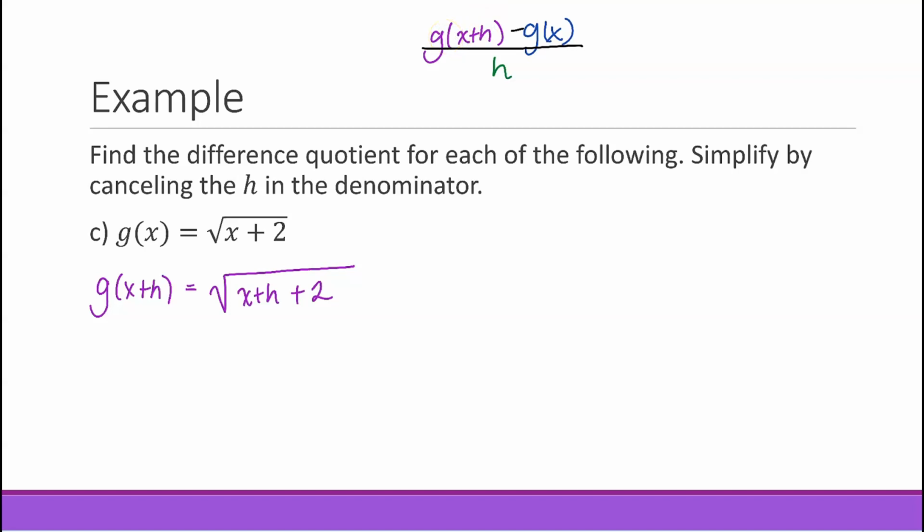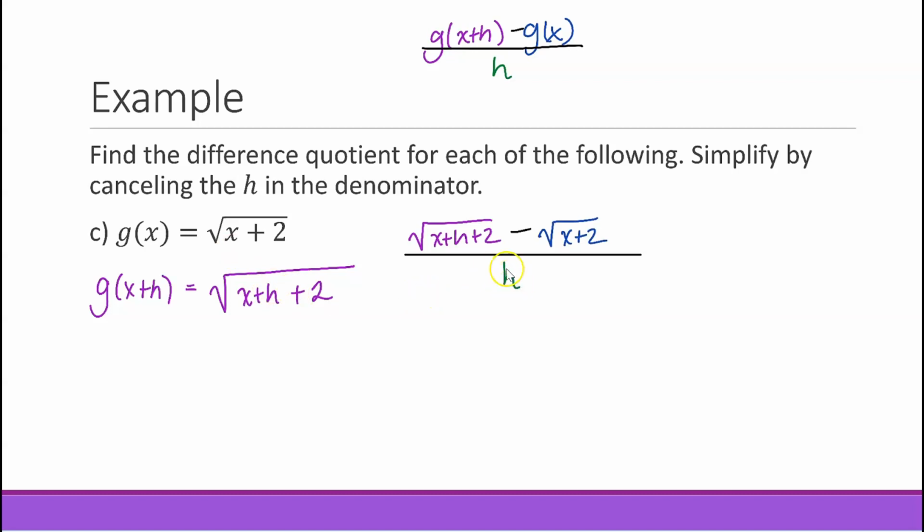All right, so now this is my top left-hand corner of the difference quotient. So I'm going to go ahead and put this big giant fraction bar here and plug in my g of x plus h, so the square root of x plus h plus 2, minus g of x, that was given to me, that's just the square root of x plus 2, and then all over h.